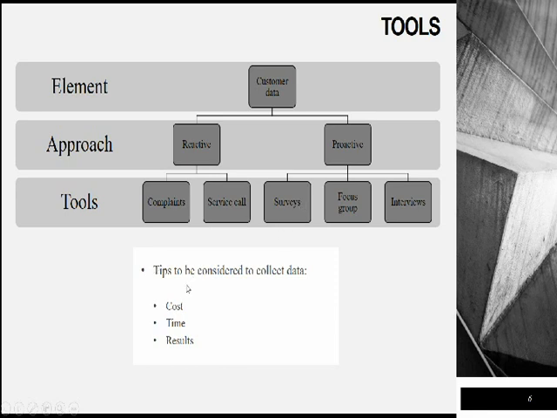First, the cost, the time, and the results that we're going to have. It's known that surveys or focus groups are extremely expensive, so they need to be designed properly in order to reduce the cost and acquire data or results that will get us what we need.